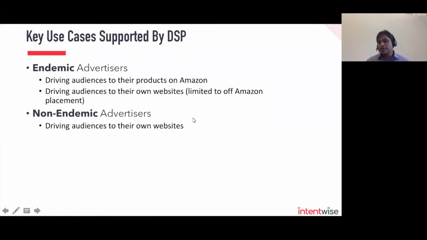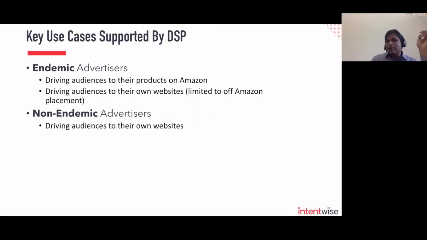And I think there are value props for both. And I know that some of you are actually non-endemic advertisers. So examples of that are a hotel chain, a cruise line, an insurance company. And then there are fundamentally a couple of use cases. For endemic advertisers, of course, you can drive people to your own products on Amazon through these audiences. The second component of that is you can also drive audiences to your own site.